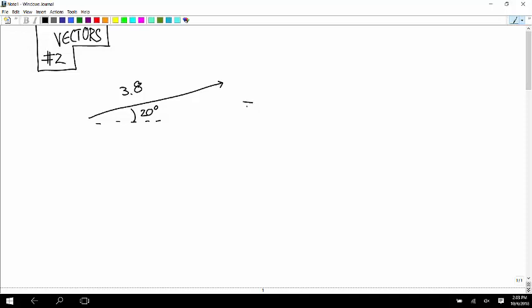And we want to add that to this vector. Oh, no, sorry, I did that wrong. This vector goes like this. I just did the length wrong. The length of this one is 4.5. And the length of this one is 3.8. And this one makes an angle with the vertical of 15 degrees. And we want to add those two vectors in two different coordinate systems.